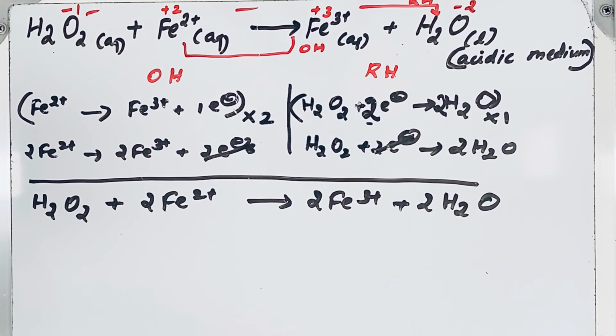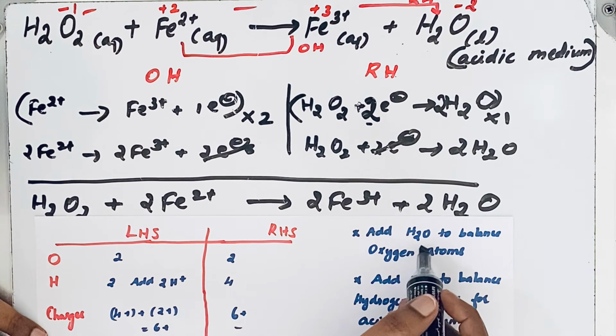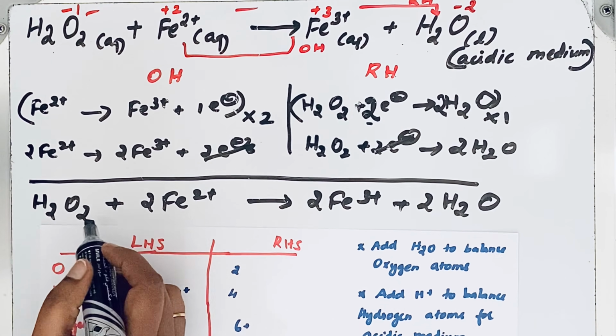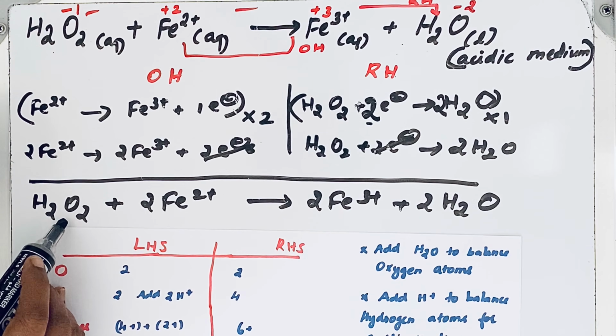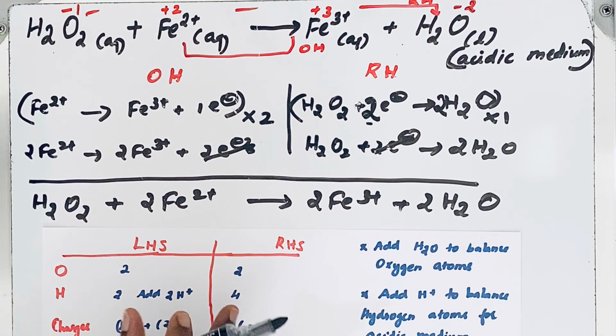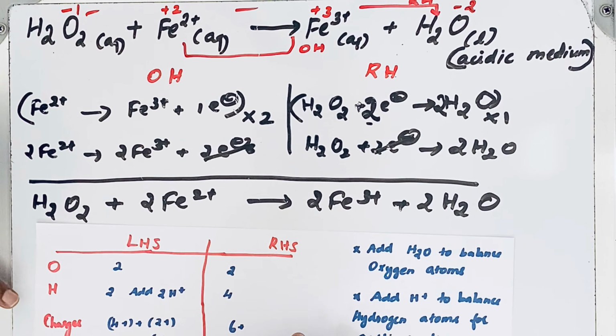For balancing oxygen atoms and hydrogen atoms, see here, for oxygen add H2O to balance oxygen atoms. If you look at the left hand side, there are 2 oxygen atoms here, and in the right hand side also 2 oxygen atoms are there. So oxygen atoms are balanced. Now we move to hydrogen atoms.